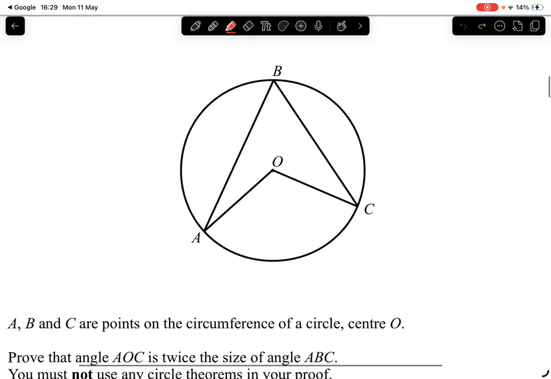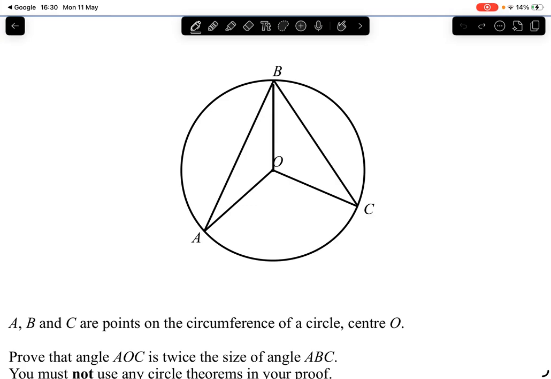So, let's do this. First of all, I'm going to split this internal shape down the middle. Now, I can't necessarily assume that I've split this perfectly in half, because this point here is not unique. It could be anywhere on the circle. So I'm just going to label these two angles x and y.